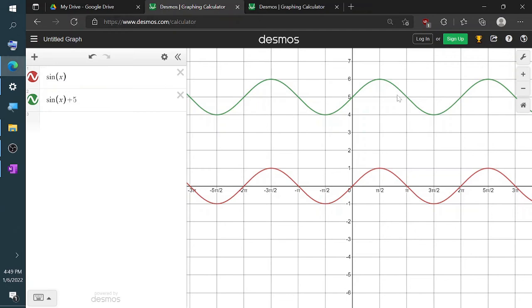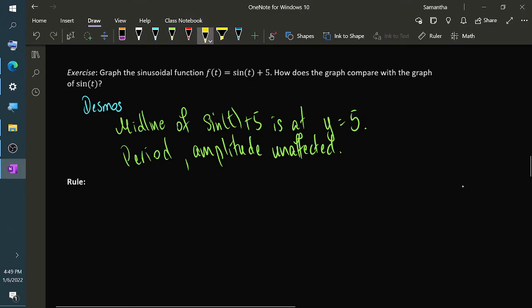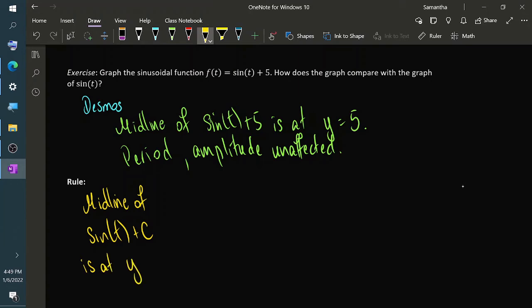But for the green sine function, the amplitude is still 1 unit. This time, 1 unit is what is needed to take us from the midline at 5 to the peak at y equals 6. The rule is that the midline of sine of t plus some number, let's call it c, is at y equals c.